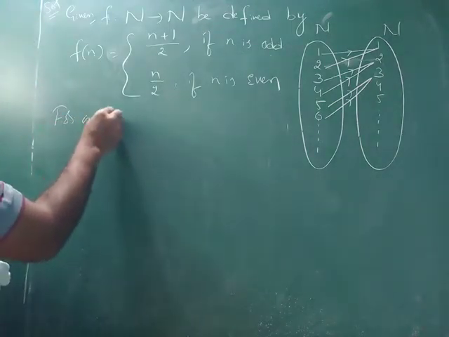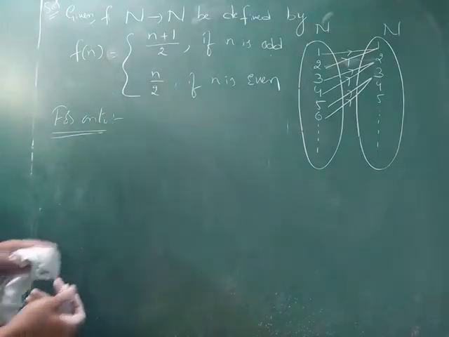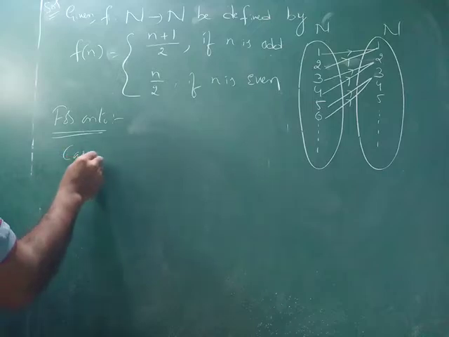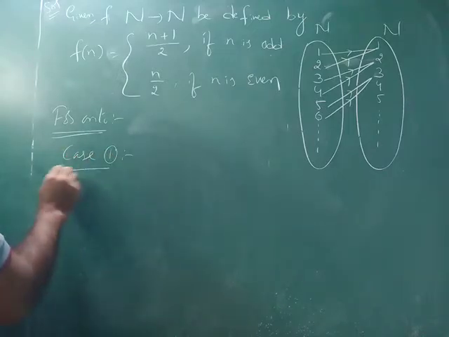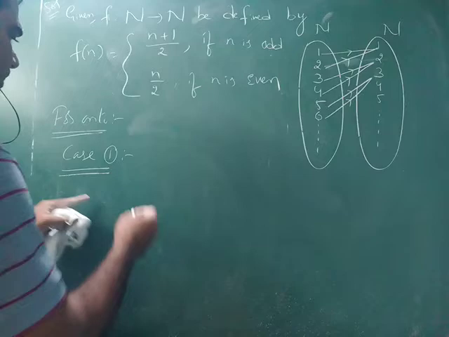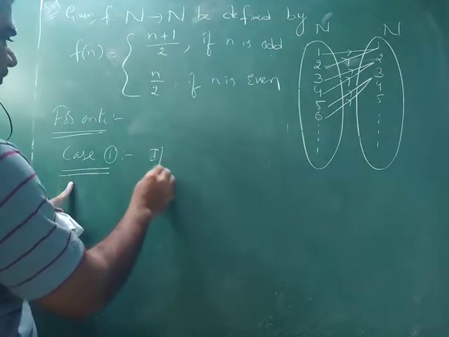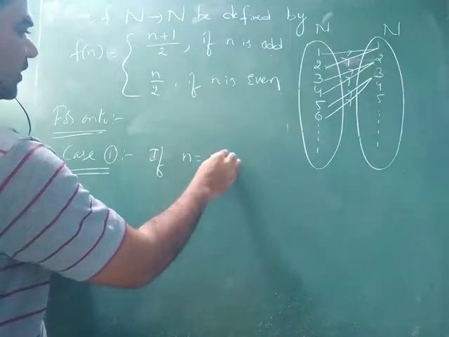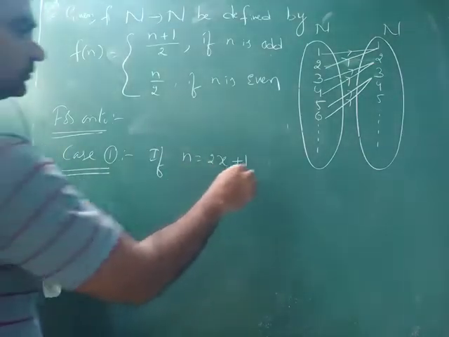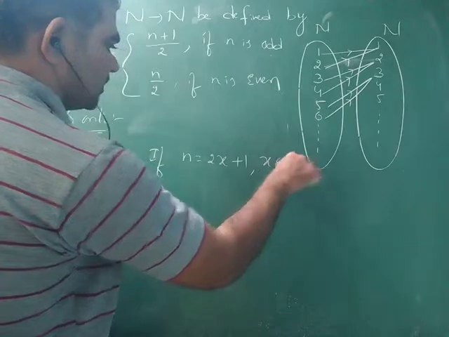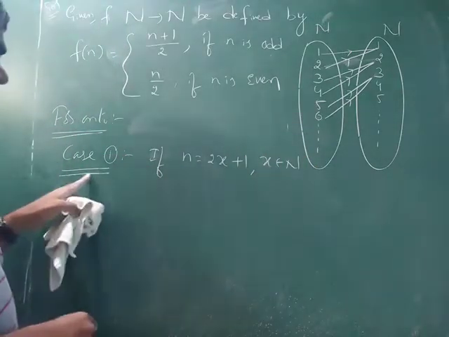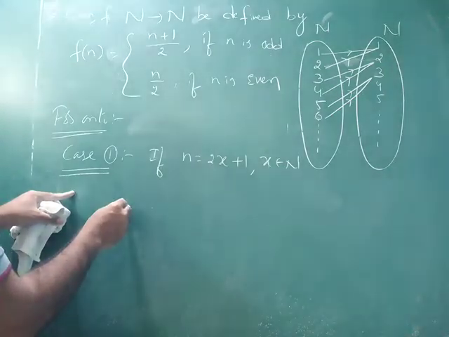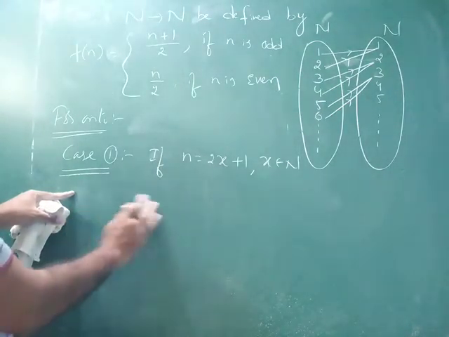For onto, if you want a proof, two cases will be arranged, because here even is there, odd is there. Case 1, the odd case: I take n equal to 2x plus 1 for some x belongs to N, because it's an odd number, right?